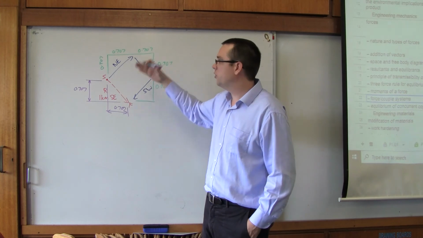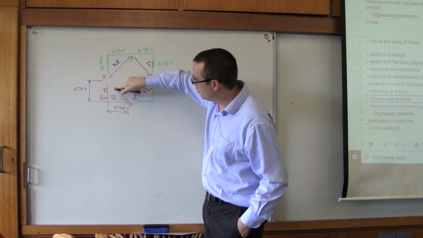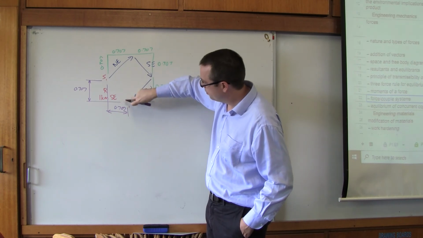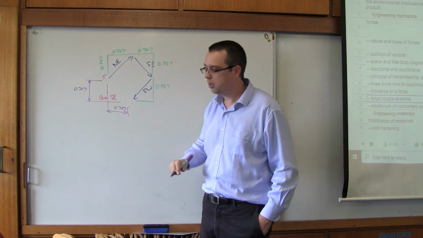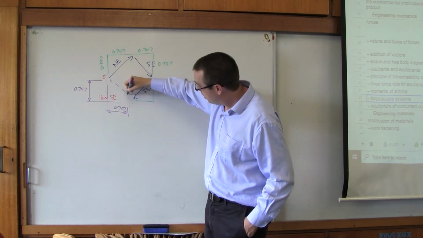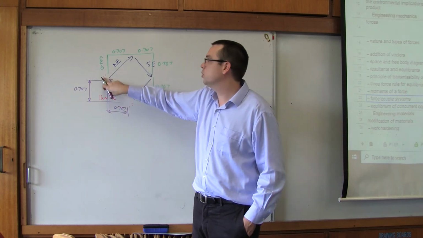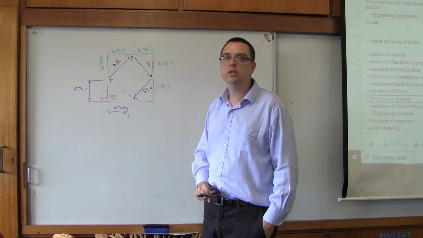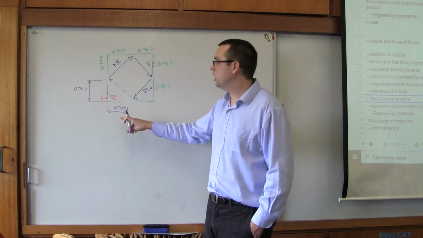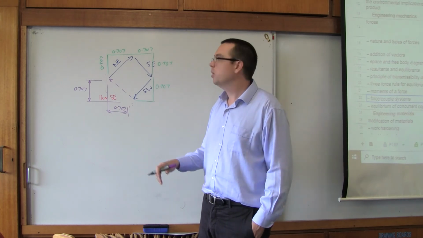If we wanted to find the equilibrium, the missing force that we need here to get back home is 0.707. And how much east are we missing to get back home? Again, 0.707.